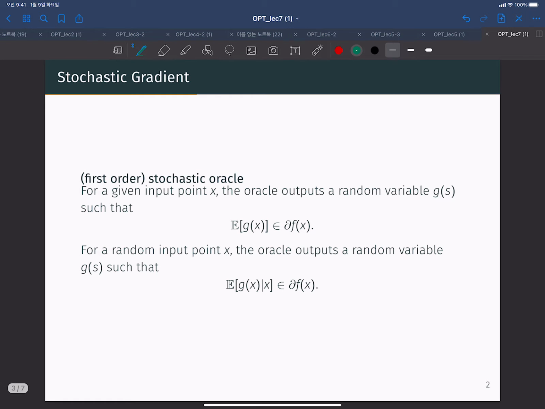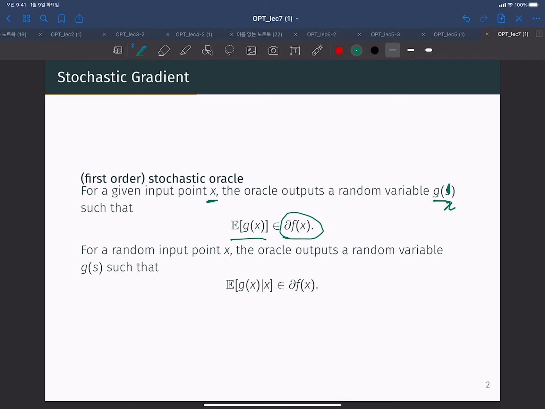So this is called a stochastic gradient or stochastic gradient oracle. For a given input point x, the oracle outputs a random vector g(x) such that the expectation of g(x) belongs to the gradient or subgradient set.